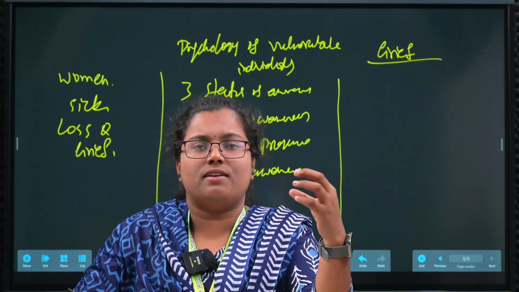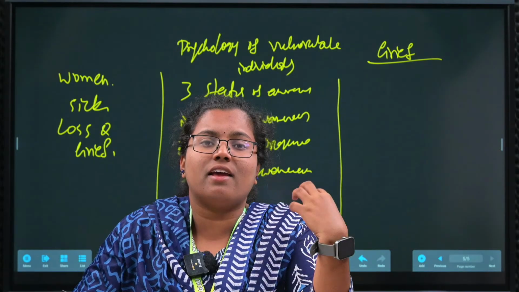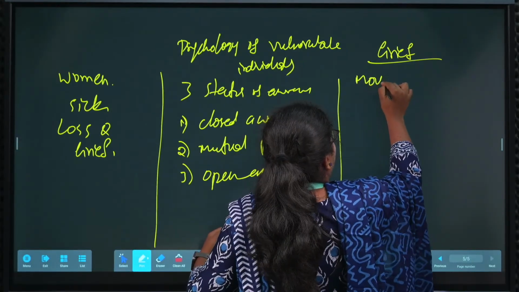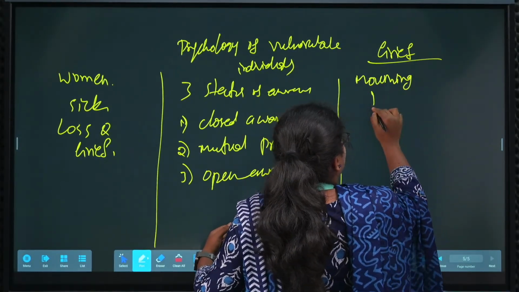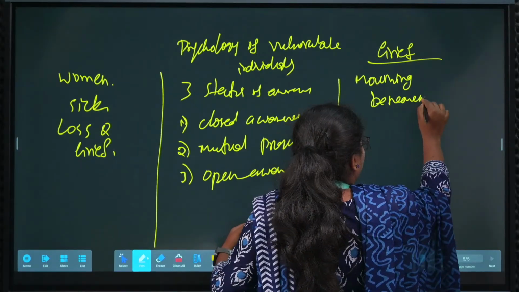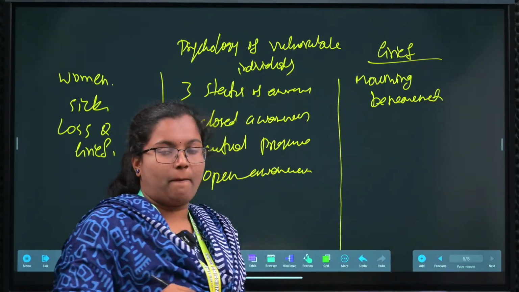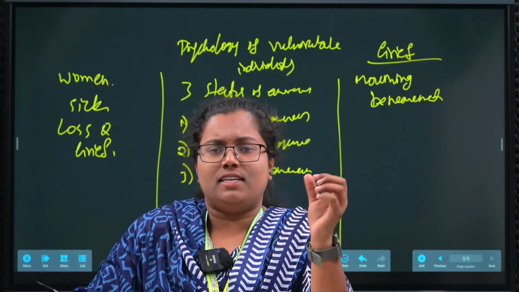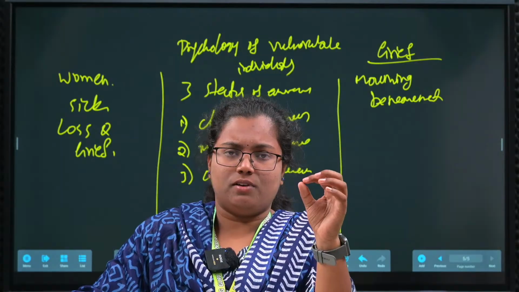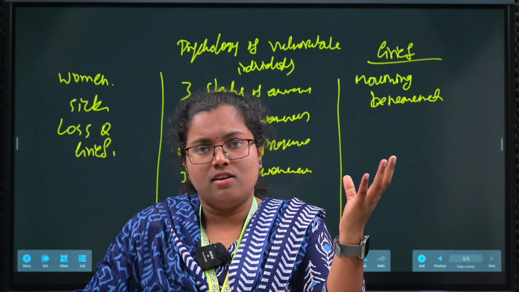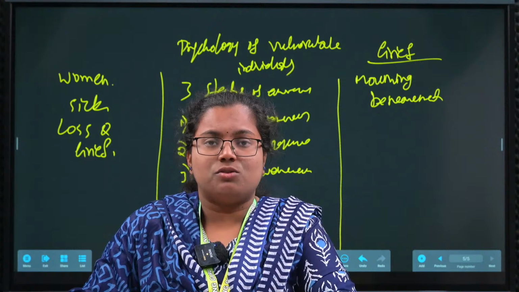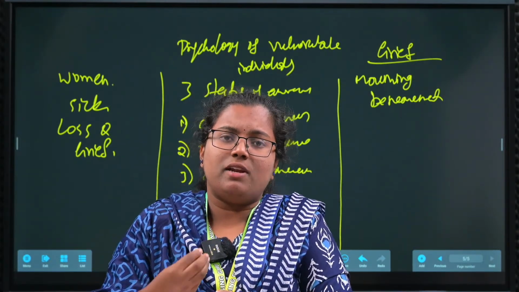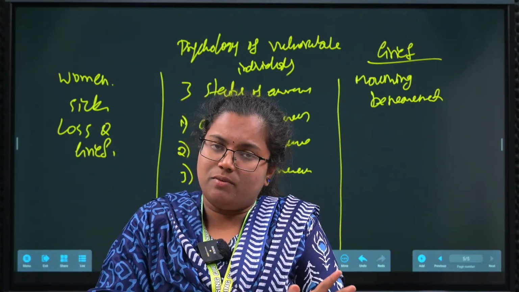We can also call it mourning and bereavement. Extreme sadness. For example, when a favorite or loved person has passed away, that is the reason for grief. Mourning and bereavement mean an extreme level of sadness, and that is what we call grief.